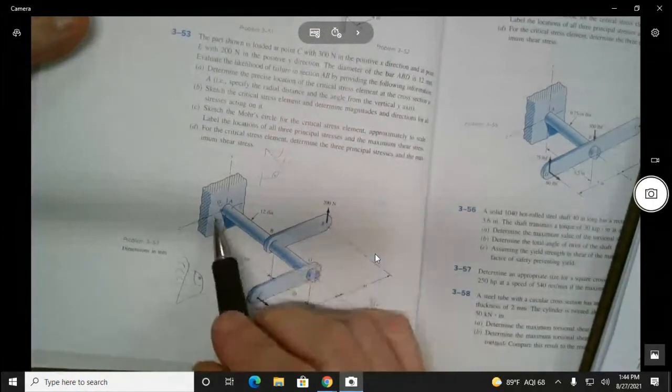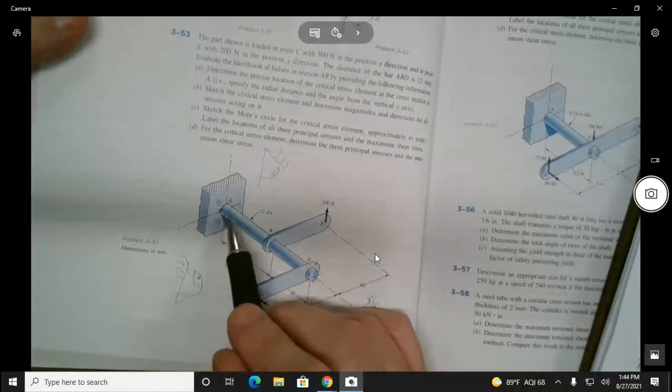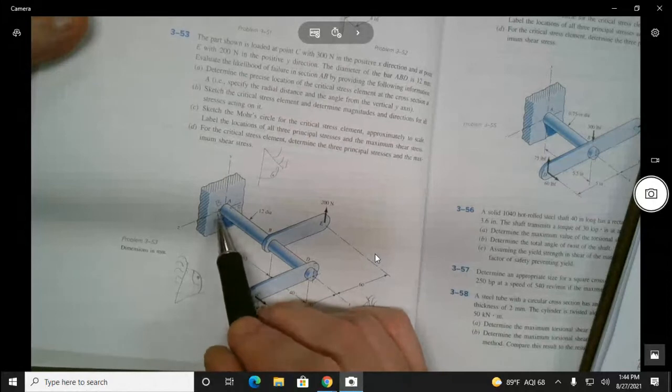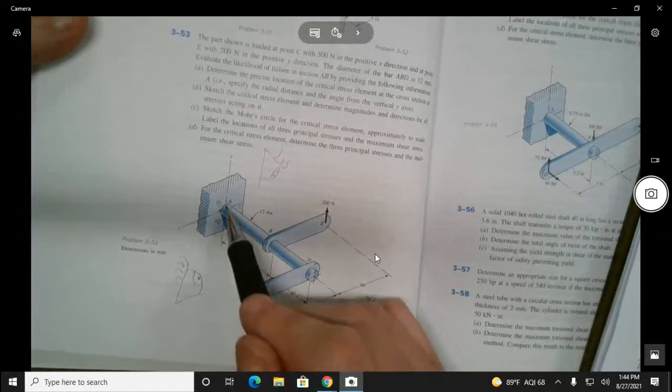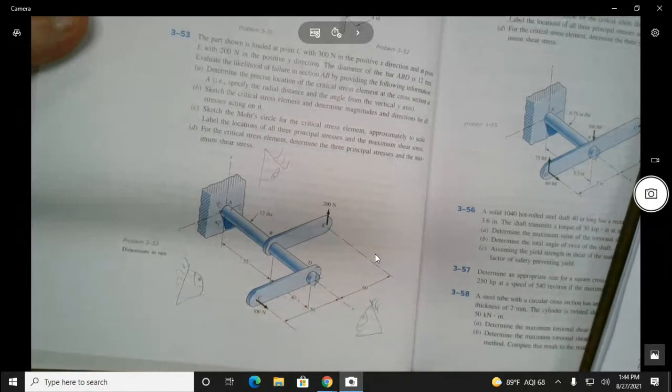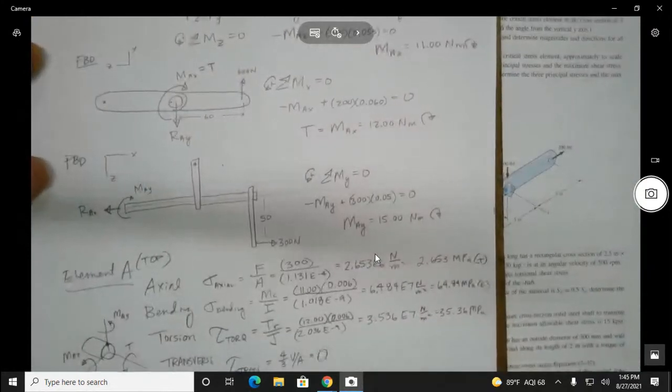Because that 200 newtons will cause a transverse shear at this side and the other side, but nothing at the top or the bottom. What kind of force, if you have to draw one on the segment, will cause one? That one right there, in the Z direction. That's why I said it would be nice if they had put something in the Z direction. But now we just have to go 0.